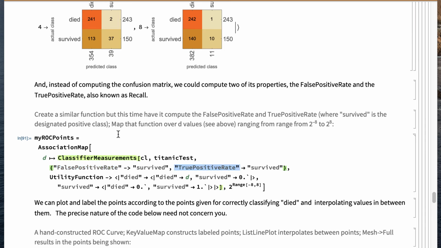So this is essentially the same code where I'm basically letting the relative value of getting death correctly vary. I'm going to let it vary this time over a bigger range from 2 to the negative 8th, 1/256th, to 2 to the 8th, 256. And I'm going to assume that survived is the positive category, and I'm going to get for each of those weights the false positive rate and the true positive rate.